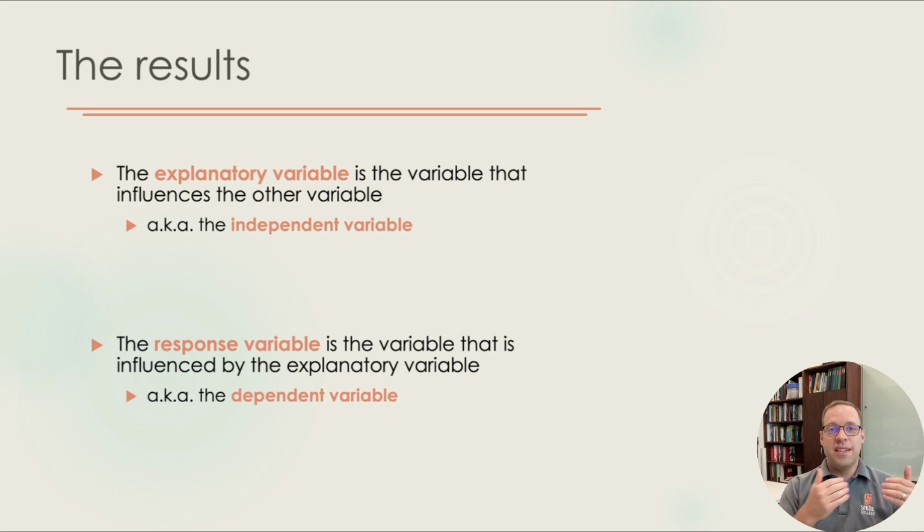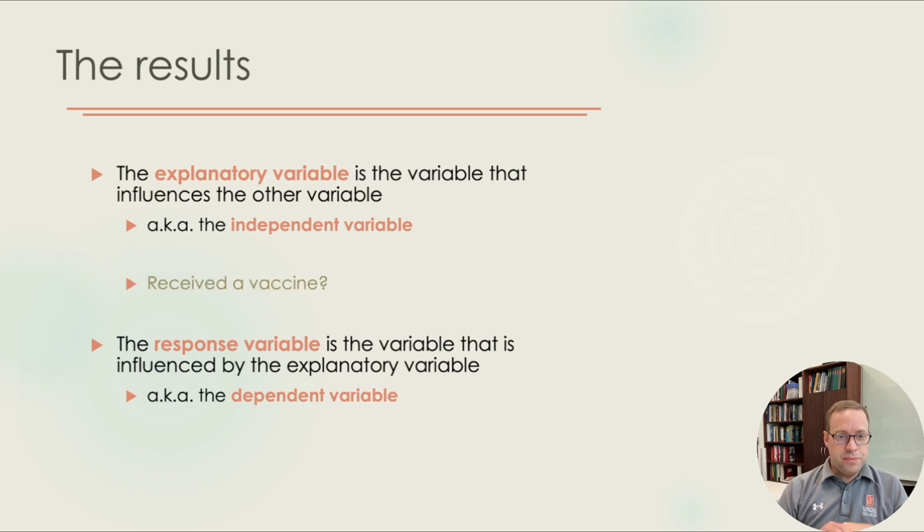So the time of day would be our explanatory variable, because it would explain the number of people that run stop signs, and the number of people that run stop signs would be your response variable. Another name for these would be independent variable and dependent variable. Why? Because the explanatory variable does not depend on the response variable, but the response variable does depend on the explanatory variable.